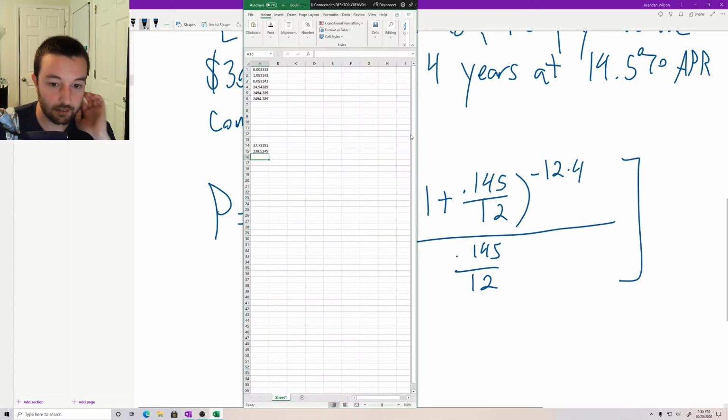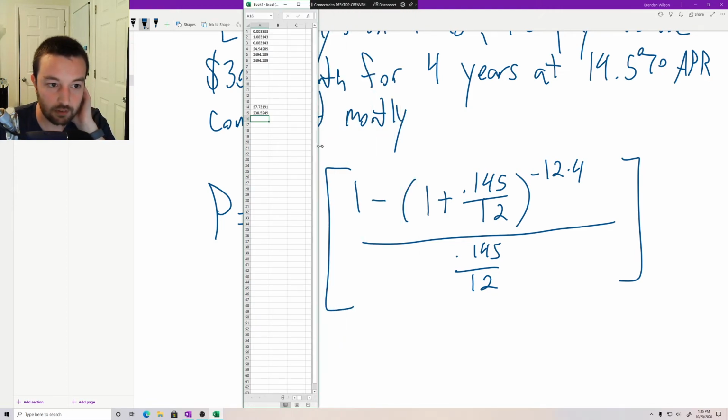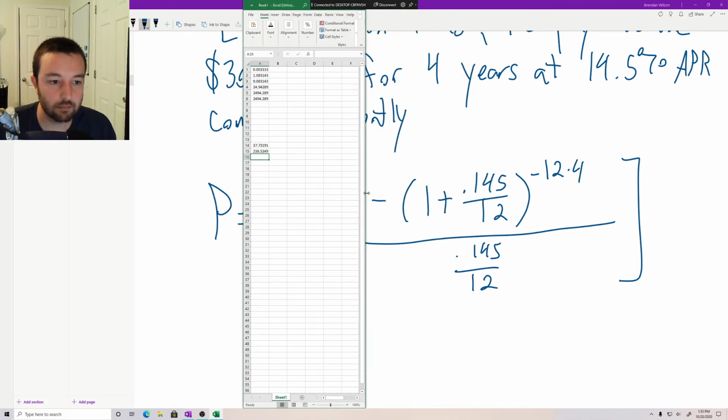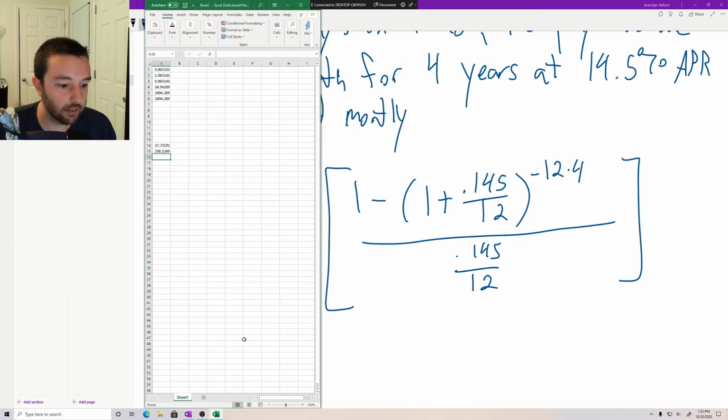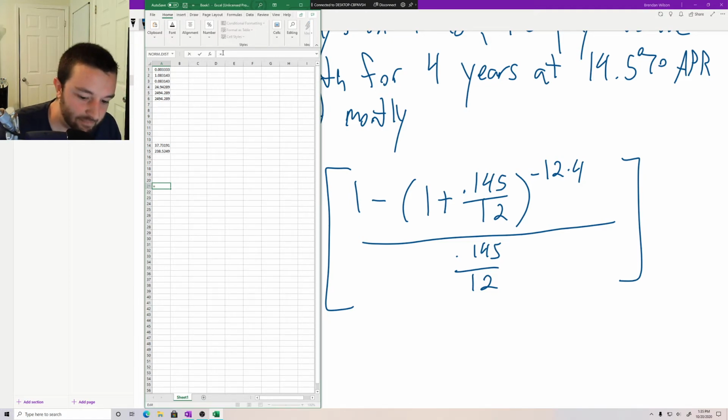All right, so we can do this all in Excel in one fell swoop if we are careful. We want to put a parentheses for the top part. 1 minus another parentheses for the parentheses we see there. 0.145 divided by 12.